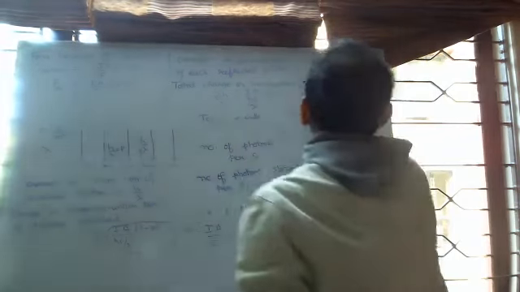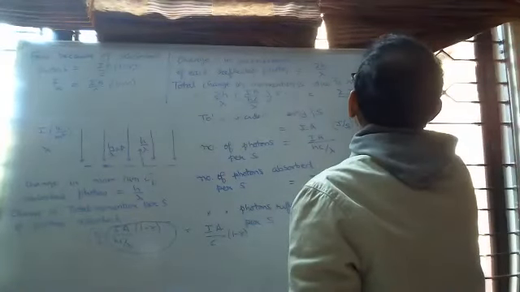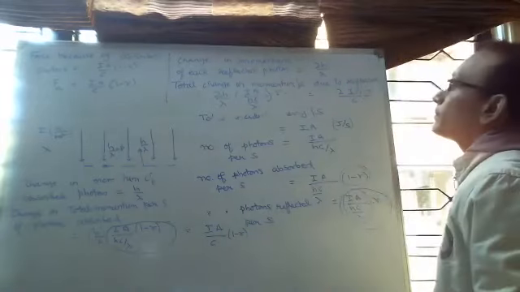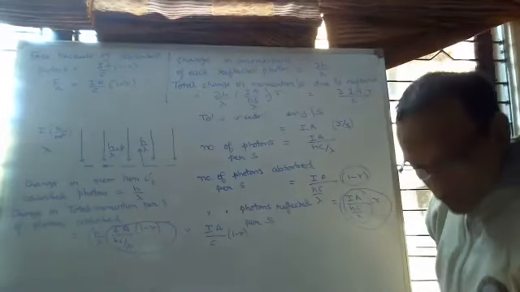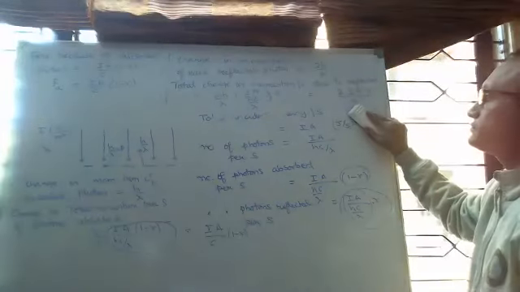Which is very clearly 2IA R by C, right?